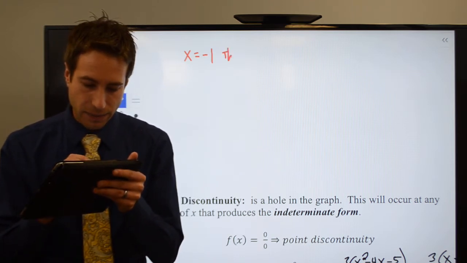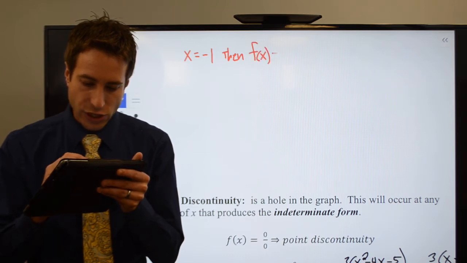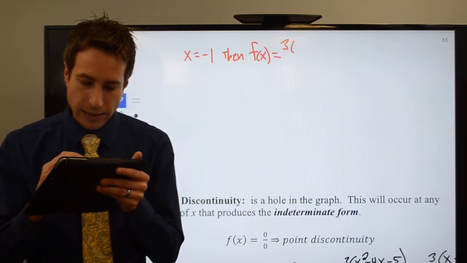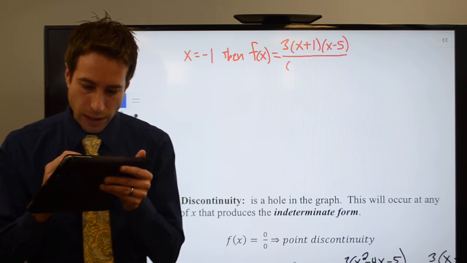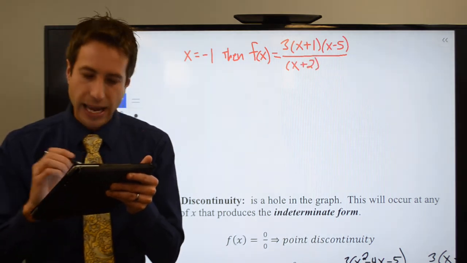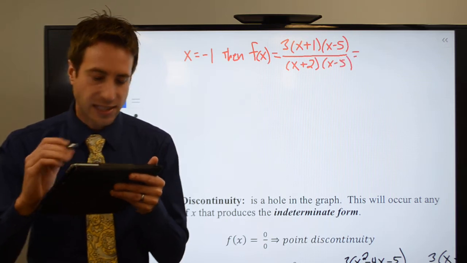Then f of x, which is equal to 3 times x plus 1, x minus 5, all over x plus 2, x minus 5. Here we go. Let's plug that stuff in, right?